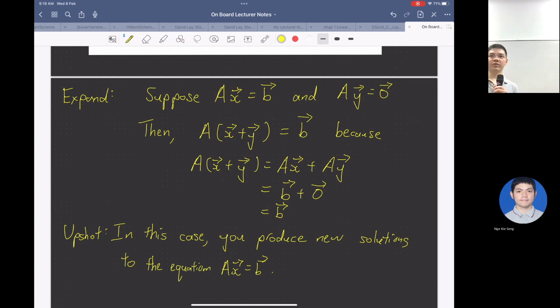To not confuse you, maybe I use w here. You produce a new solution: you don't just have w, you have w plus y. And y has infinitely many choices, so you produce infinitely many solutions.